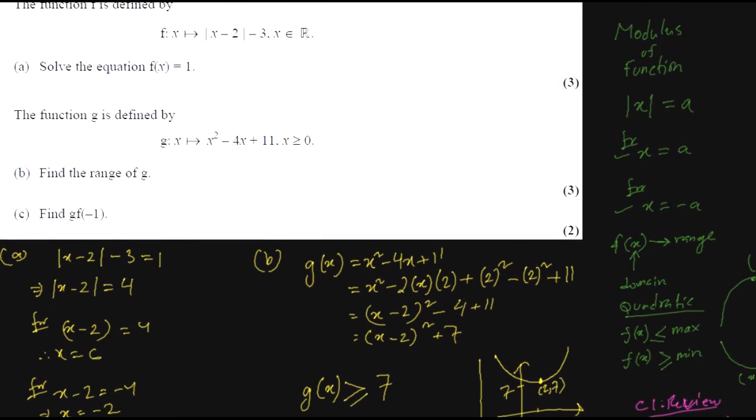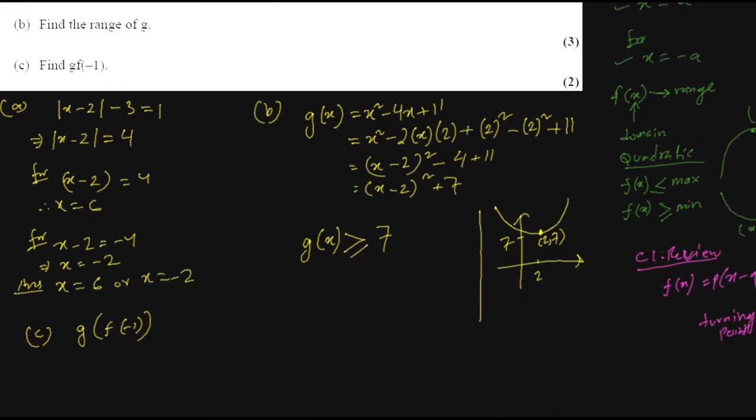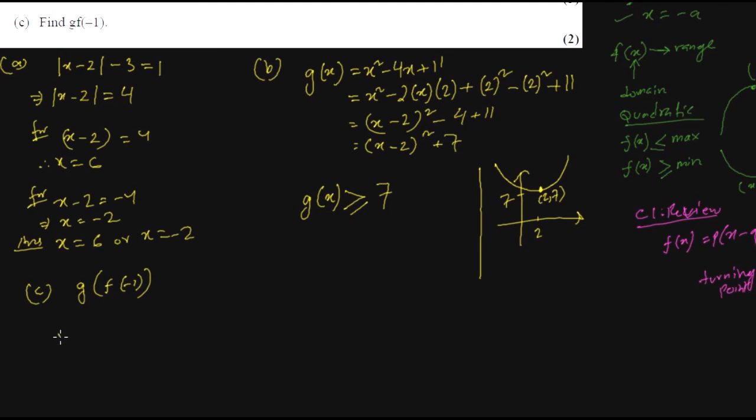So this is the absolute value of x minus 2, minus 3. So for f(minus 1) equals the absolute value of x minus 2, x is minus 1, minus 2, minus 2. So this would be the absolute value of minus 3, minus 2. When you remove the absolute value, it becomes positive. So this will be 3, minus 2, this would be 1.